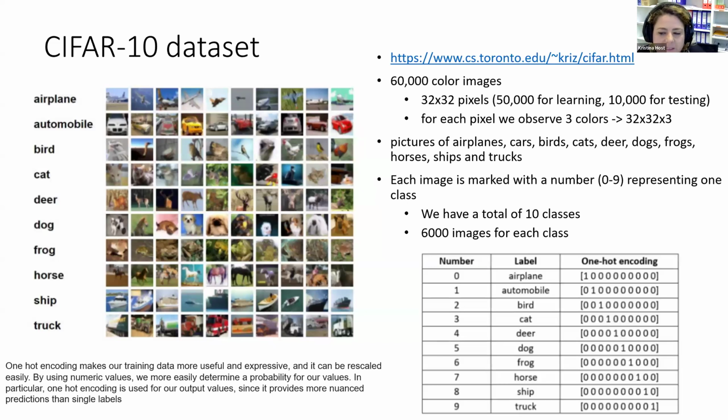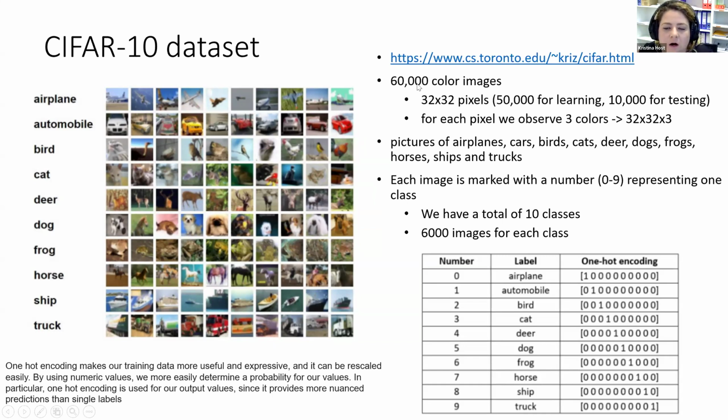Okay, in machine learning, we have unsupervised and supervised learning. When we work with supervised learning, we have labels about our data that we are working with. For example, one of the most famous data sets that are used for classification, which is one of the supervised machine learning approaches, is this CIFAR-10 dataset.